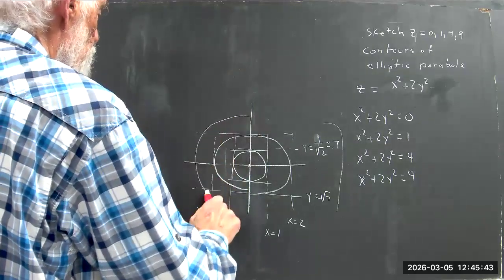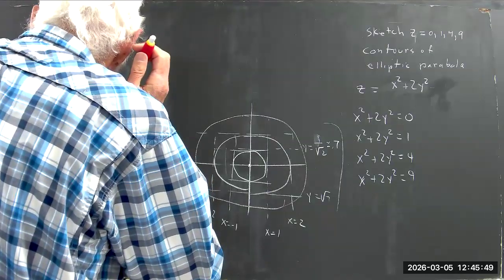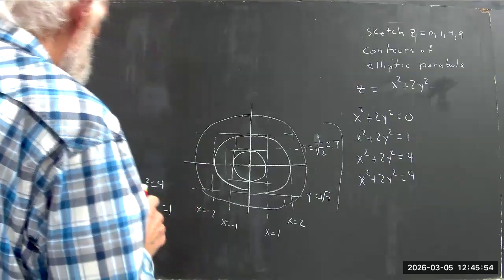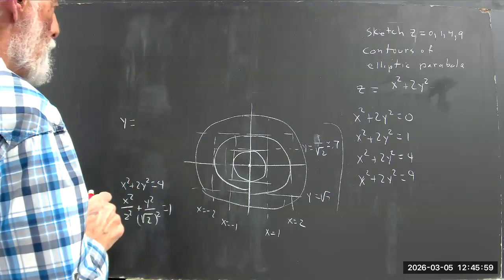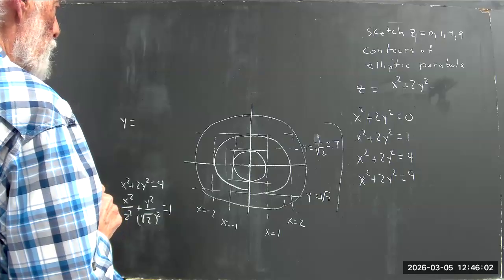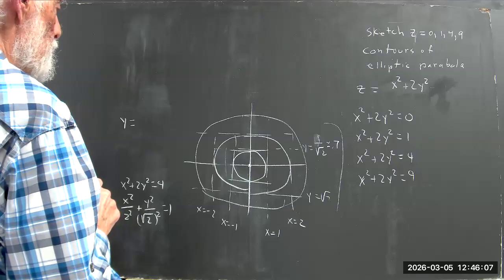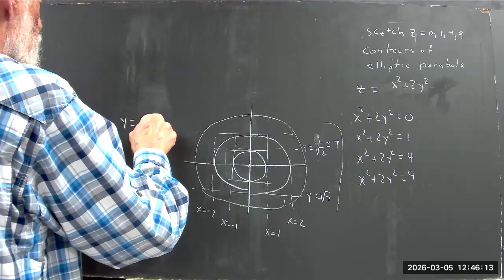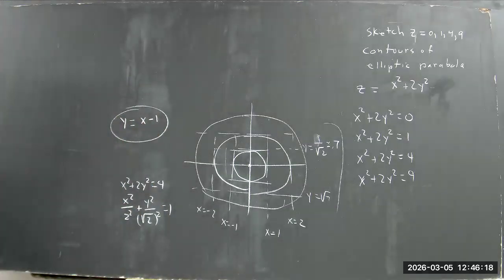Okay, well, let's just say these are contour lines. You plot the line now. Let me think a minute. Let's just plot the line y equals x minus 1.